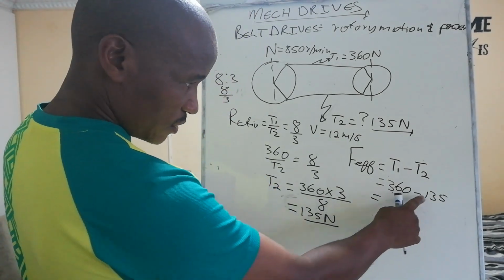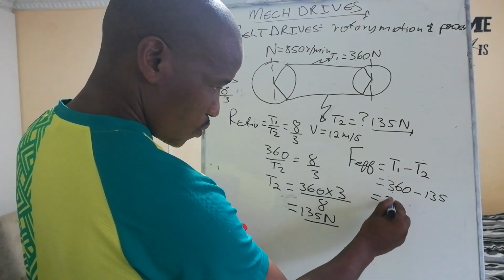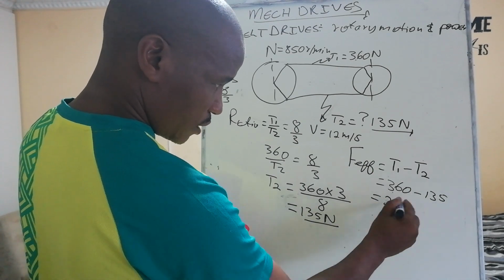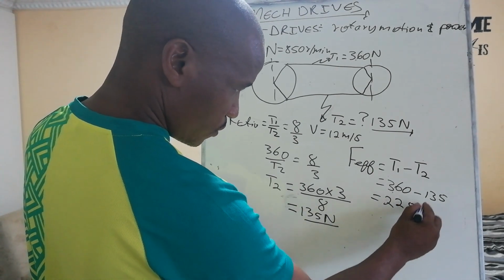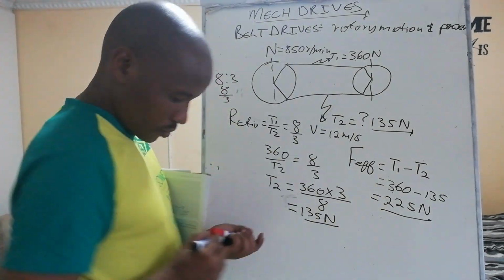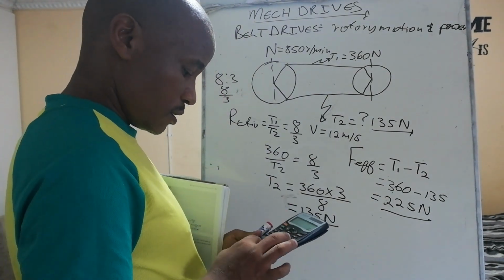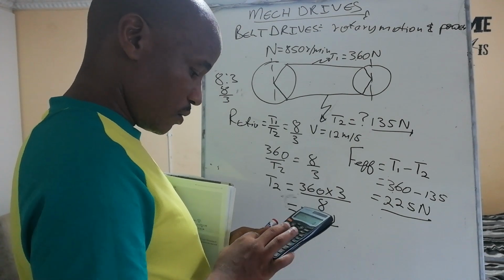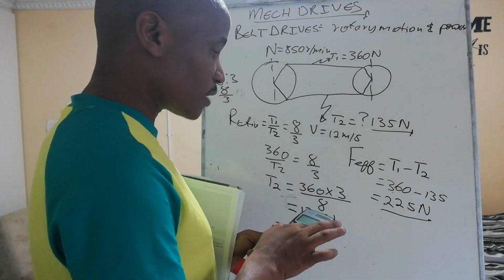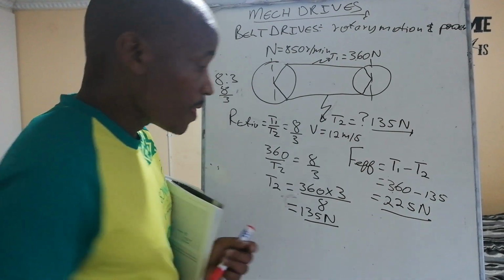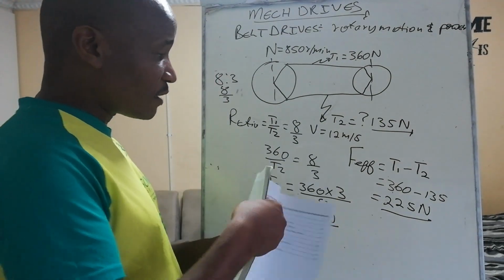Let me just check: 360 minus 135 is 225 Newton. That's correct. Now, this is the effective force.